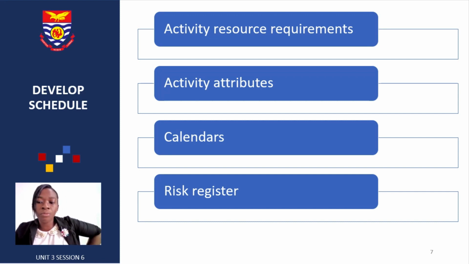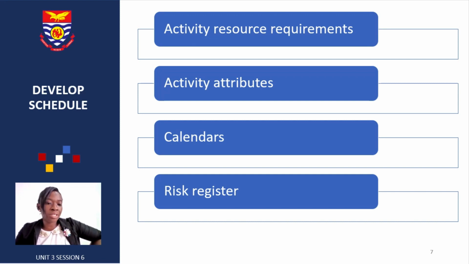Activity attributes we've made mention of before, that these are key things which also define each activity, and you'd have to have them in there. And there also comes up the issue about calendars and project calendars. Each project may consist of multiple calendars, project calendars, individual resource calendars, etc., as a basis for scheduling the project.